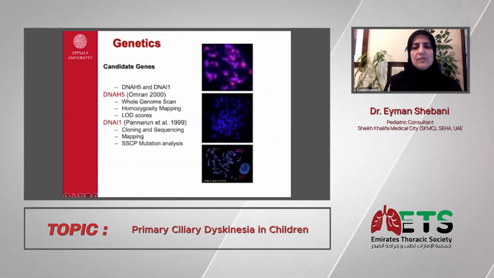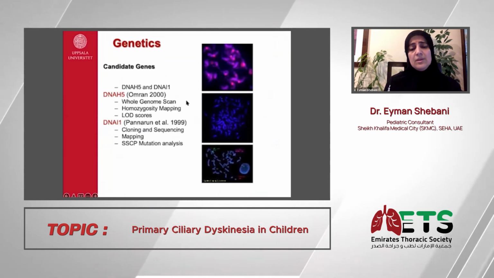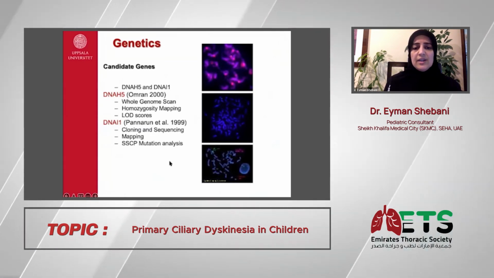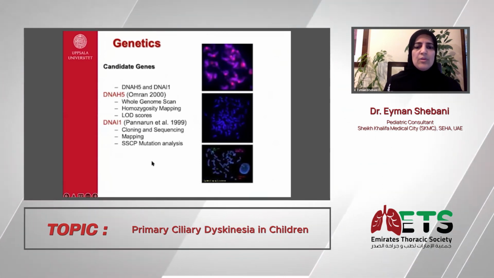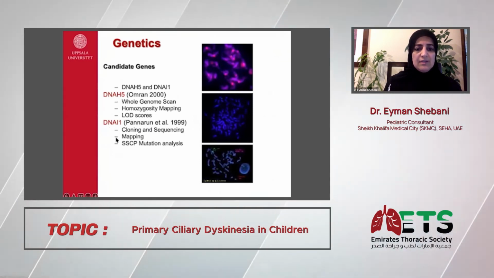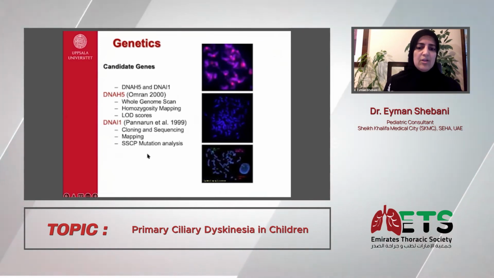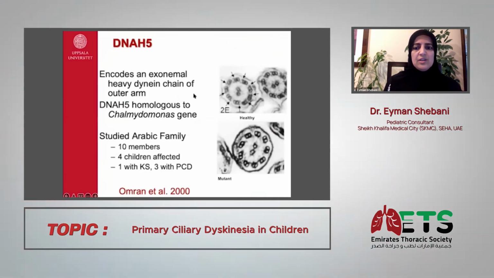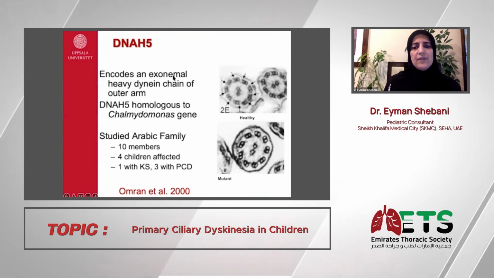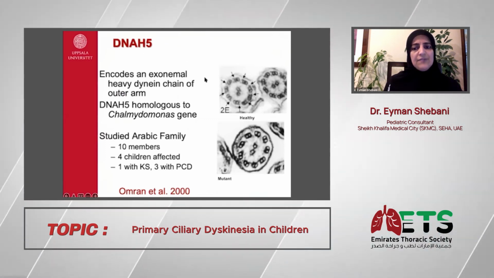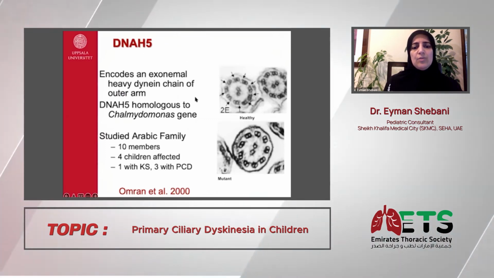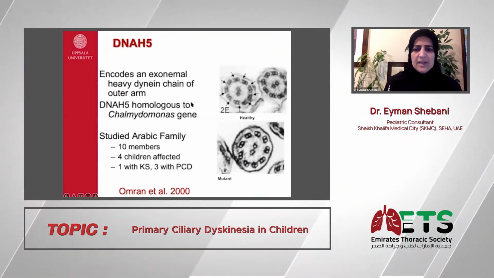I'll skip these. So, the genetics. The candidate genes initially, in this article published by Omran, were the dynein arm heavy chain and the intermediate chain. These were the initial findings. Then they found that these genetic defects primarily played a role in the dynein arms.